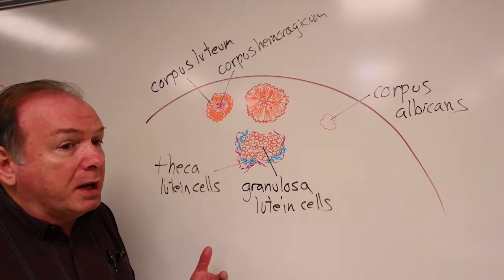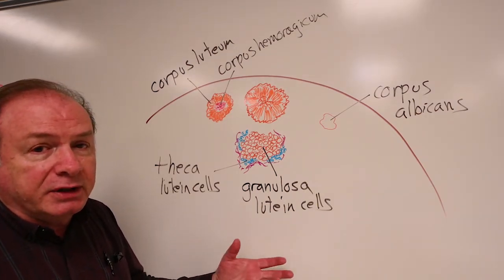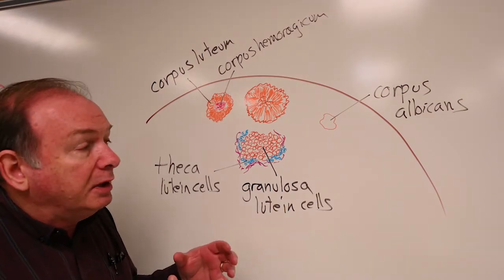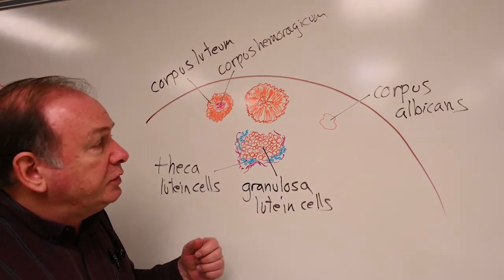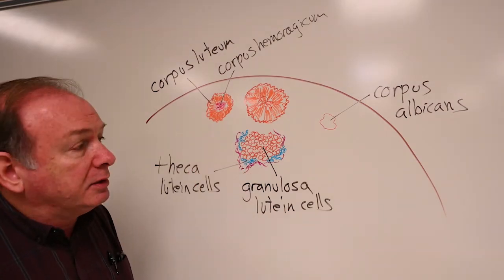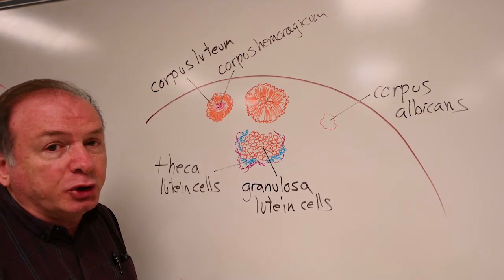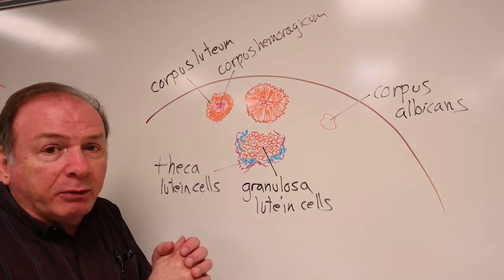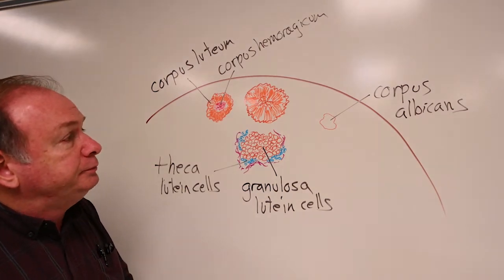So there might be 3, 4, 5, 6, 7 follicles that start to develop during any given cycle, but only one of them reaches the mature stage. The others are what we call atretic follicles. They undergo the process of atresia. That just means that they eventually regress and are reabsorbed by the ovary.